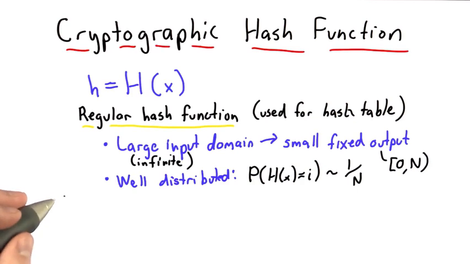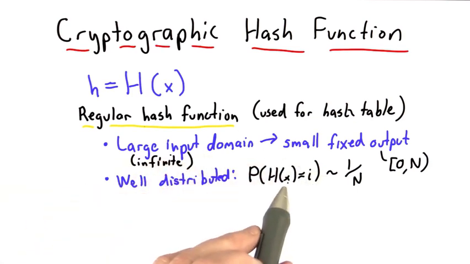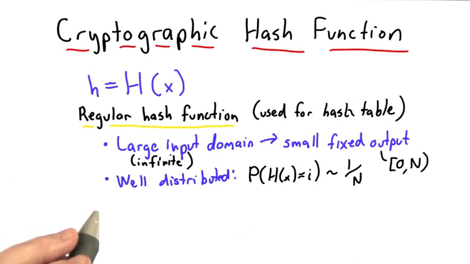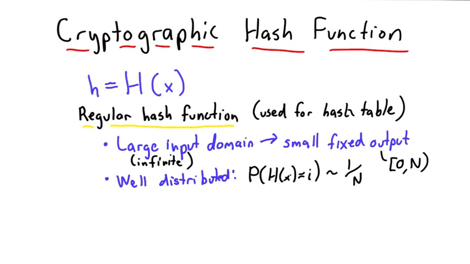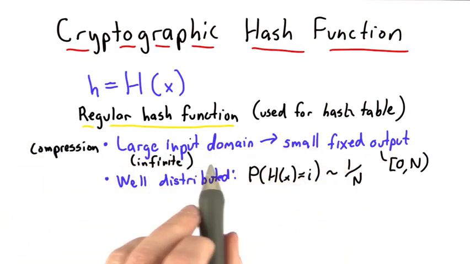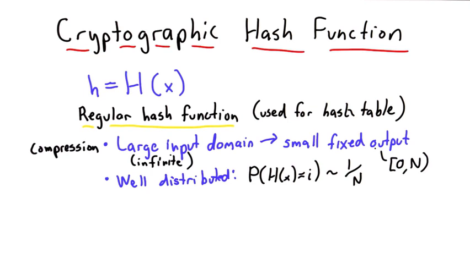This is not enough for cryptographic commitments. If we just had these two properties, it might be easy to find other x values that map to the same thing. And we saw that one of the things that we need for a cryptographic hash function is to make it hard for Alice to be able to do that. Otherwise, she could find 2 inputs and cheat in the coin tossing game. This first property of mapping a large input domain to a small fixed output we'll call compression.